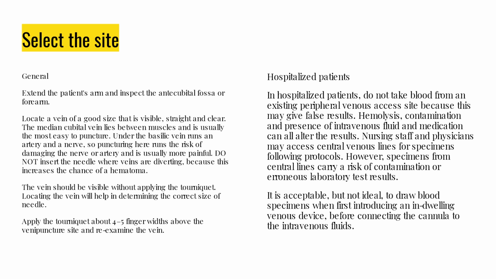Hospitalized patients, it may not be as easy to get them to sit and dangle their arms, but we do have to remember that we do not want to draw blood from an existing IV site. It's going to be a separate blood draw. It may contaminate your results. Now, other nurses, depending on what they're doing, or physicians may access central lines to do that. Again, we just don't want to do it the first time we draw blood.